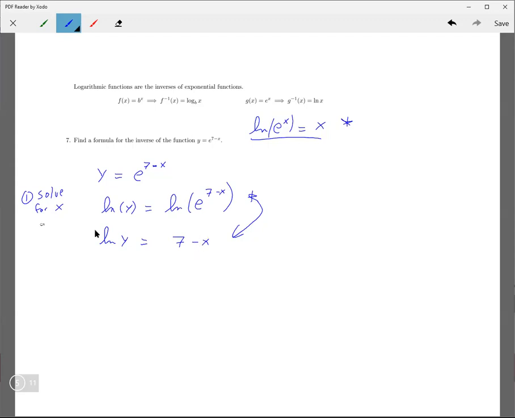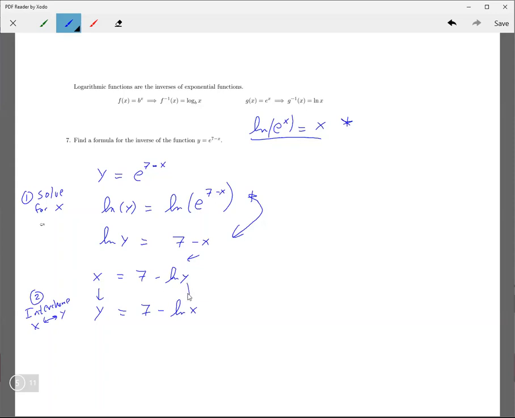Okay, now I'm trying to solve for x. I'm going to pull this x over here to that side. Add x to both sides and subtract log y from both sides. And then at some point, you're going to interchange x and y. So change all the x's to y's and all the y's to x's.